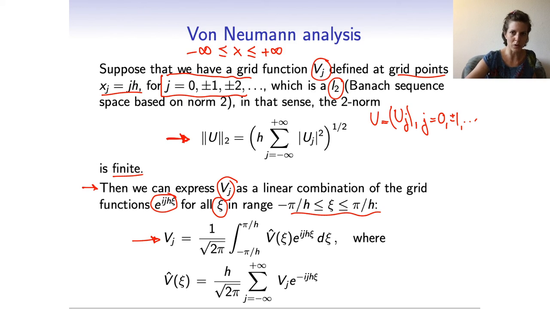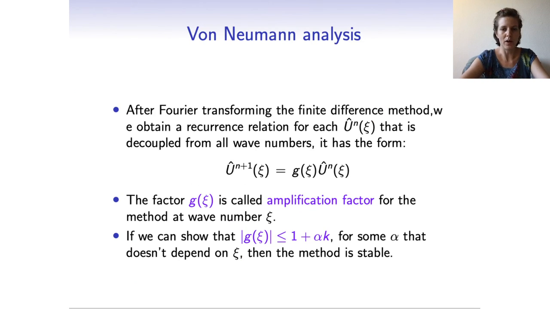So we are transforming a function that was in the grid space to the Fourier space, where this V hat is given by this. So this is the inverse Fourier transform. Okay. So why am I saying that?